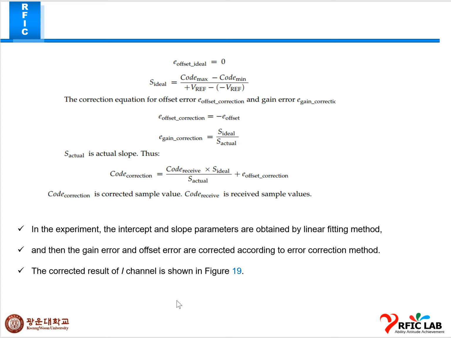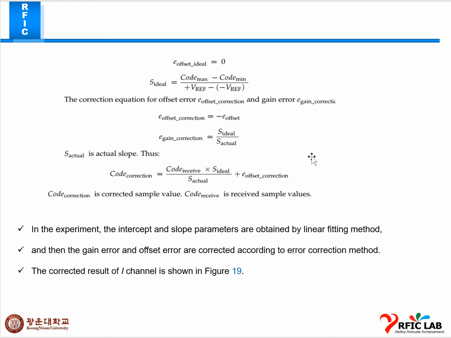This is the correction equation of offset error and gain error. In offset correction, E offset and E gain correction is equal to S ideal, which we get from this equation using this formula, and the actual one we have found with the previous equation.